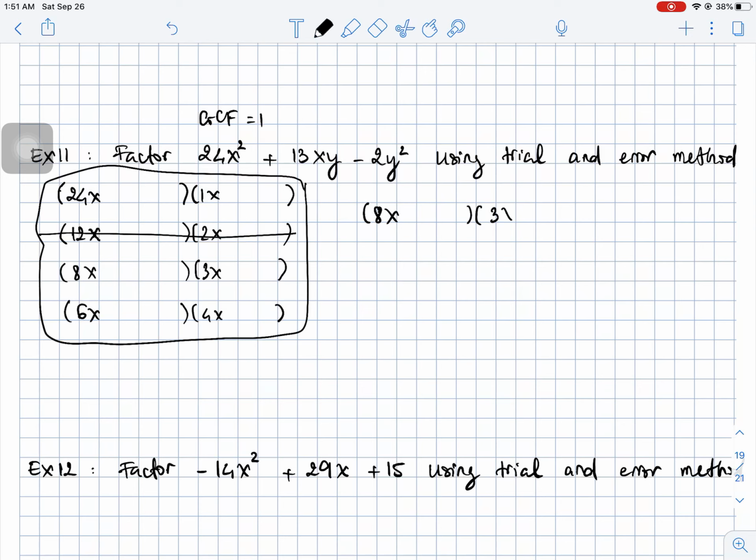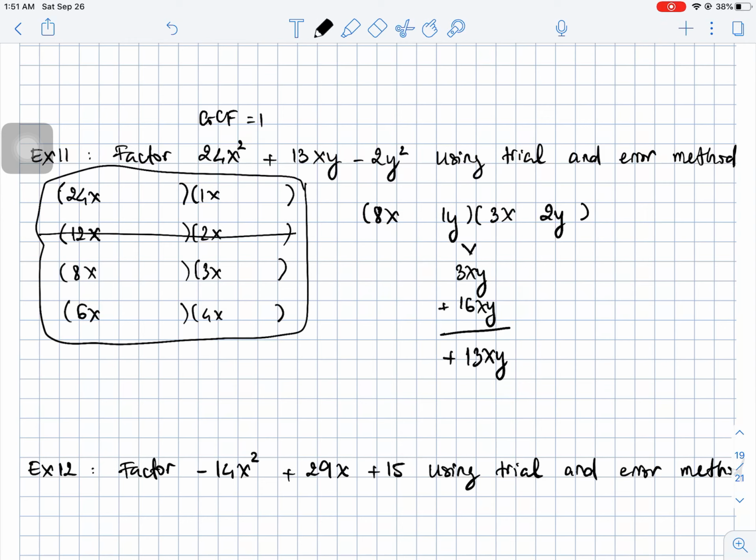Okay, so let's try the 8x and the 3x. And I know that the 8 will go with the 2, so I'm going to put the 2y separate from the 8, and then 1y. Now we multiply inside, so we get 3xy.